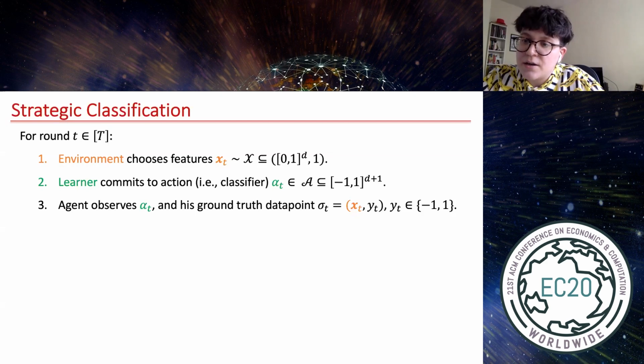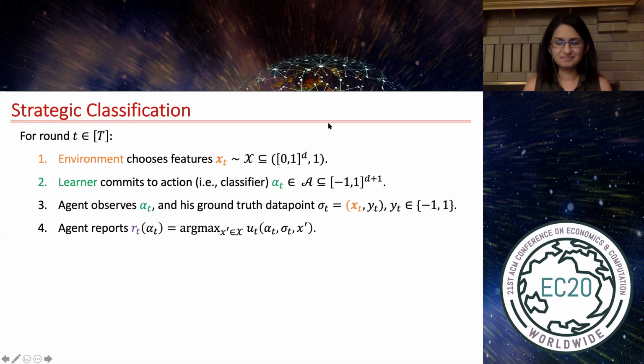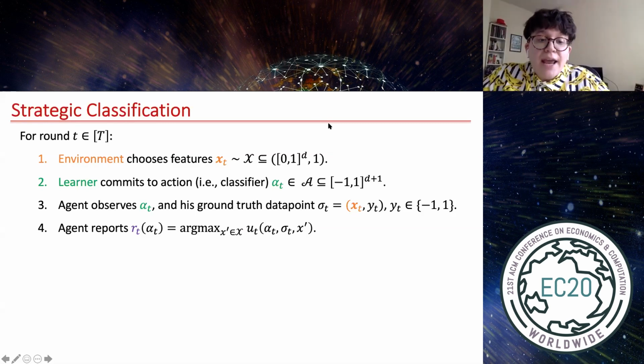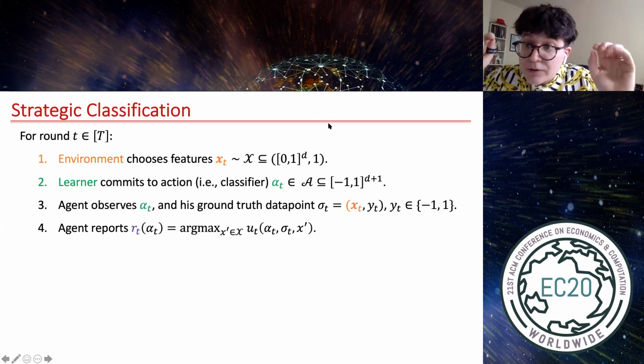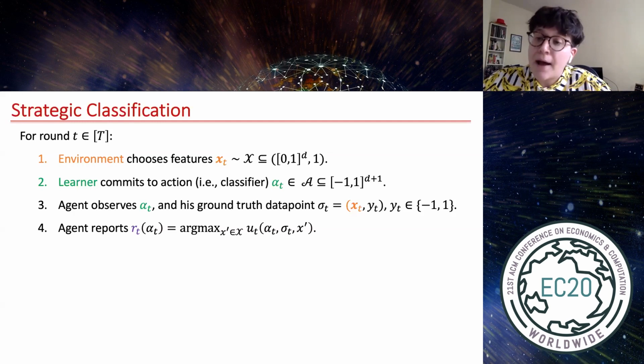Okay, so the agent, and I'd like to point out that at this point, the learner does not know sigma T, so they just know the alpha T that they committed to. Now the agent reports to the learner RT of alpha T. This is the best response according to an underlying utility model that they have.